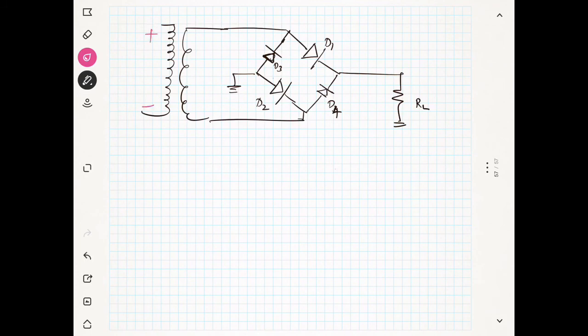The current will move through D1 because D1 is on, and this is on, so it will move like this. Then the current should come to the negative terminal, so the current will come from here because this is on, so it is coming from the ground.